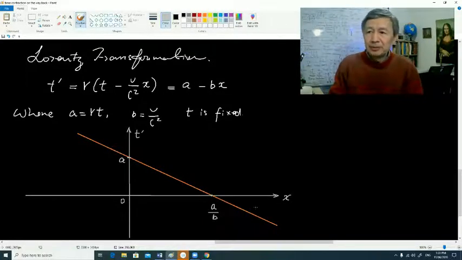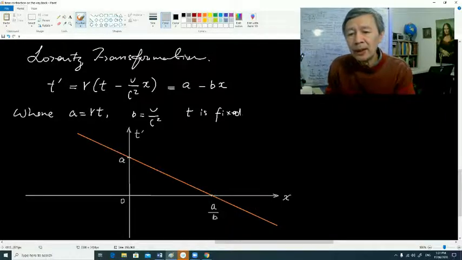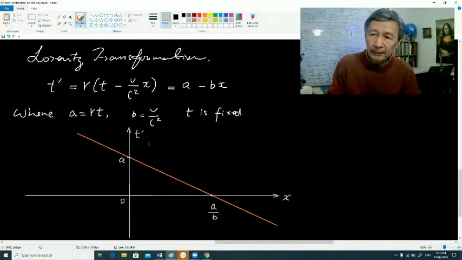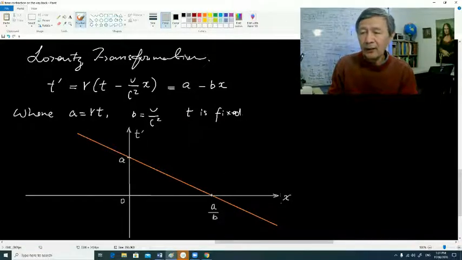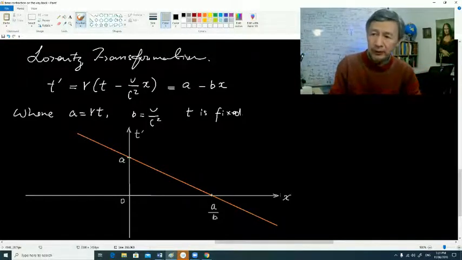Well, it looks simple, right? We're going to discuss that. Something very interesting here is the dependence of t prime on the coordinate x, where we pick two different variables from two frames of reference.